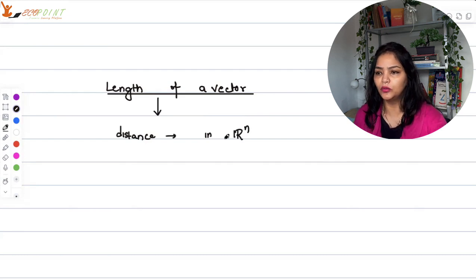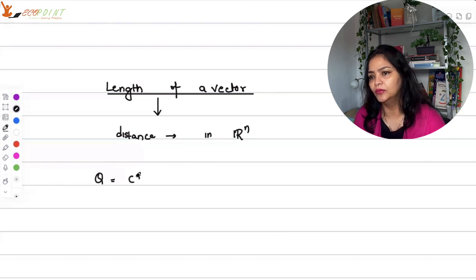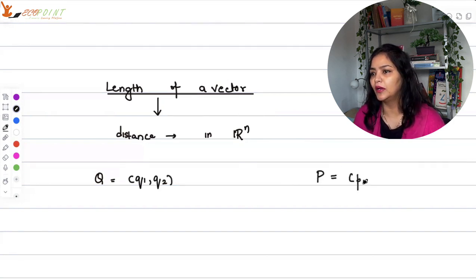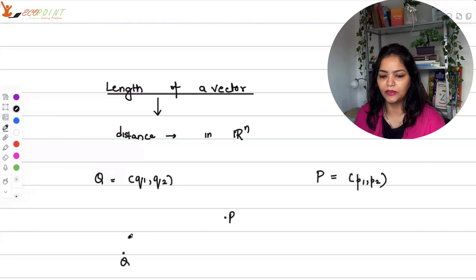So if you have 2 points, say Q, let's take a simple case of R2. So say Q is the point Q1, Q2, and P is the point P1, P2. So suppose Q is here and P is located here, the vector.